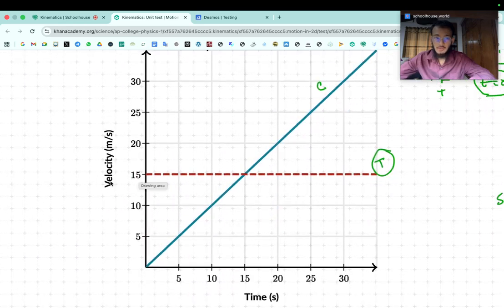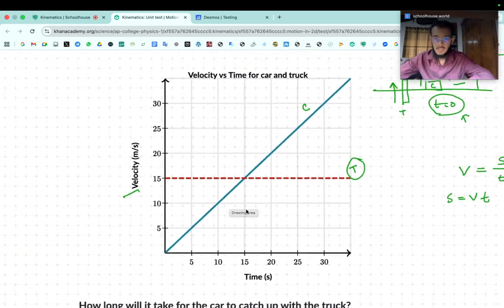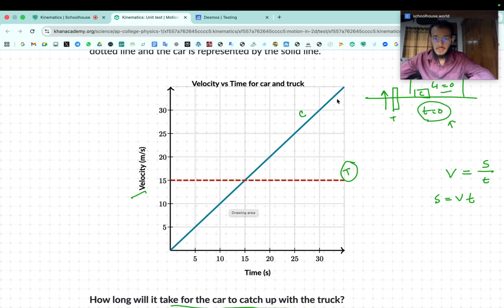The gradient of the velocity-time graph gives us the acceleration. So we can take a point, let's say this one, this is 30, y2 minus y1, 30 minus 0, over x2 minus x1, which is 30 minus 0. So it's 1 actually. Acceleration is 1.